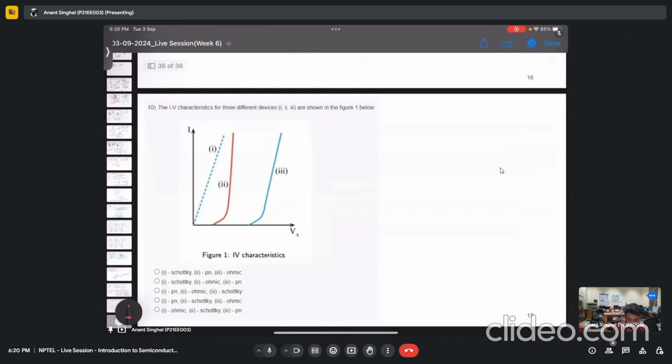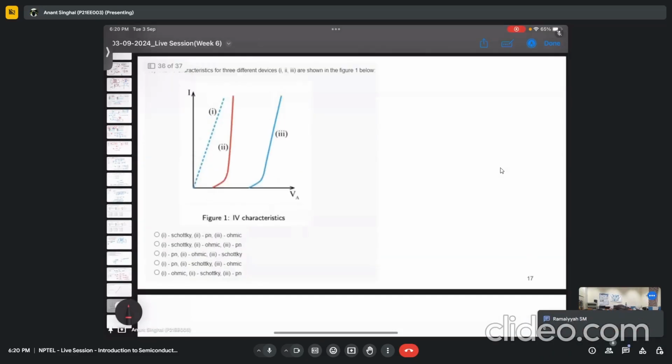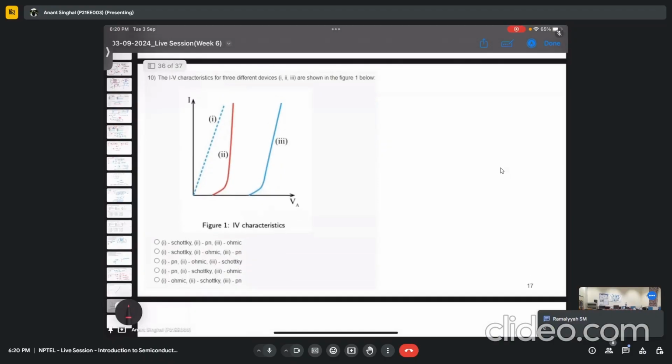Now we have one more thing, which is the IV characteristics of three different devices, 1, 2, and 3. I hope you all know now what will be what. So let me know the answer quickly, and then we'll go ahead.